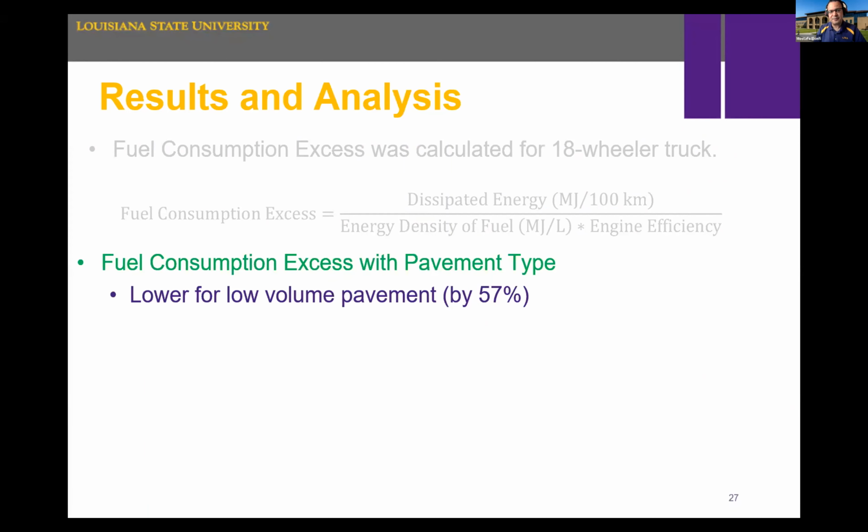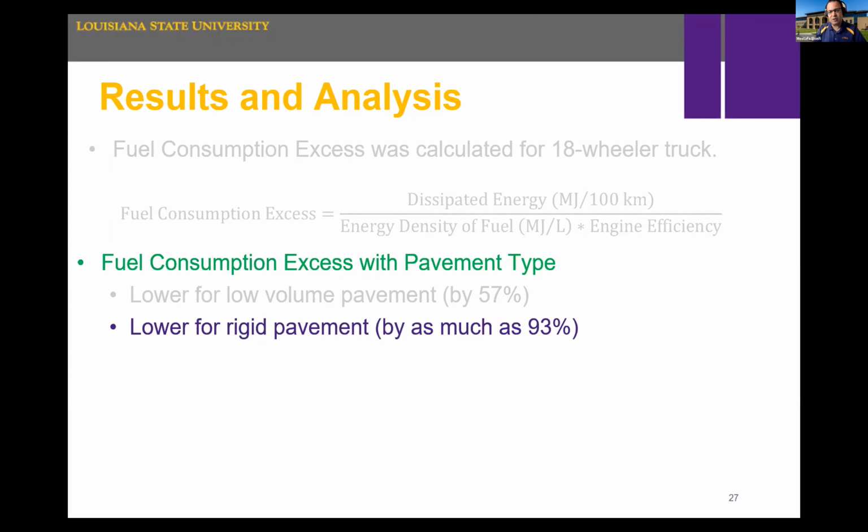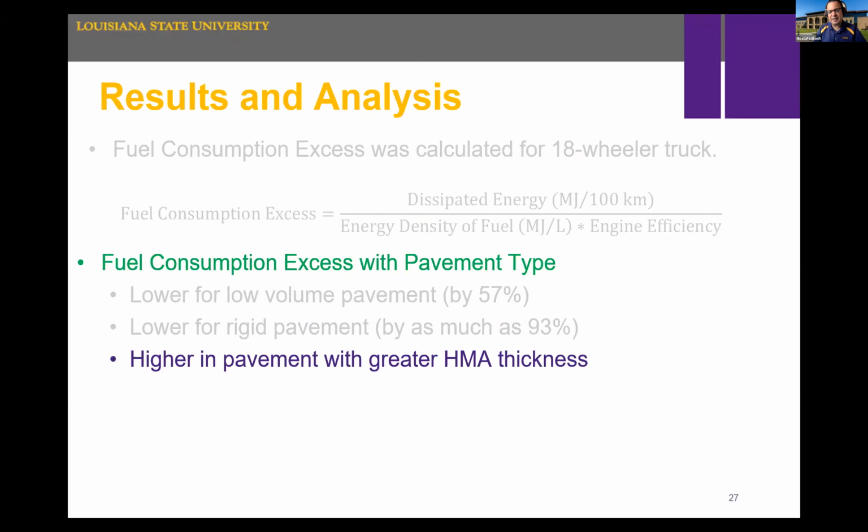So the fuel consumption excess was lower for low volume pavement, and it was lower for rigid pavement because you have less energy dissipation. And it was higher in pavement with greater HMA thickness.